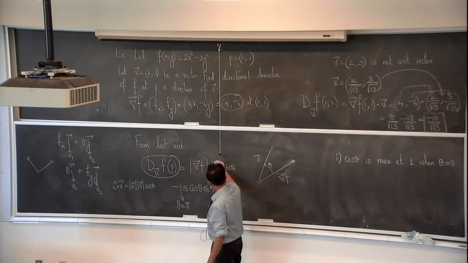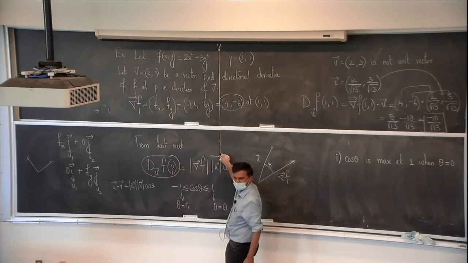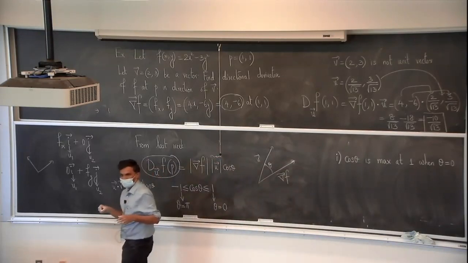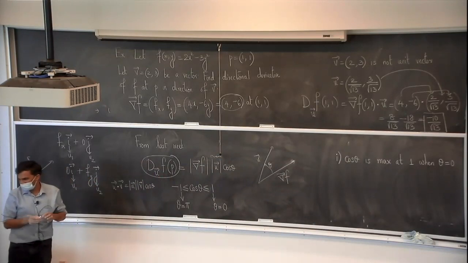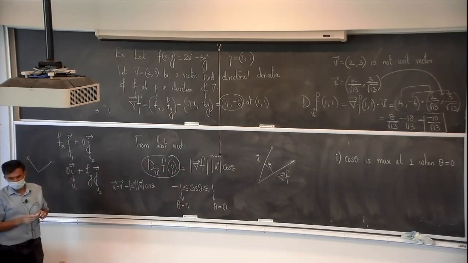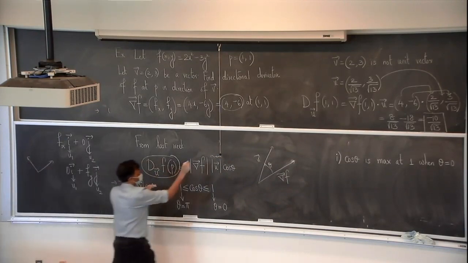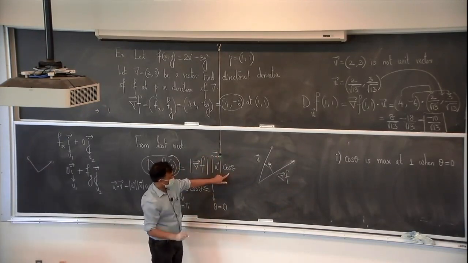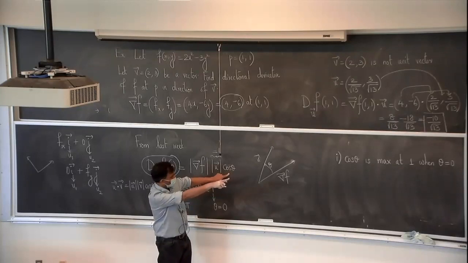What is the magnitude of u? What kind of a vector was u? It's 1, do you agree? It's a unit vector. So this is 1, and if theta equals 0, cosine of 0 is 1.